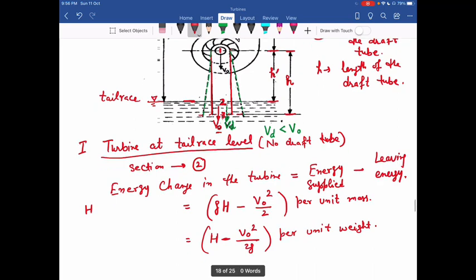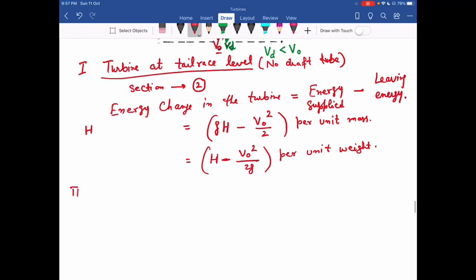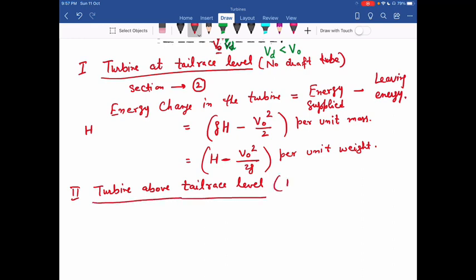Now the second case, you have turbine above tail race level, and again no draft tube, without draft tube.